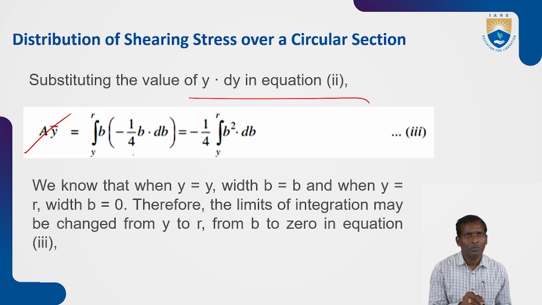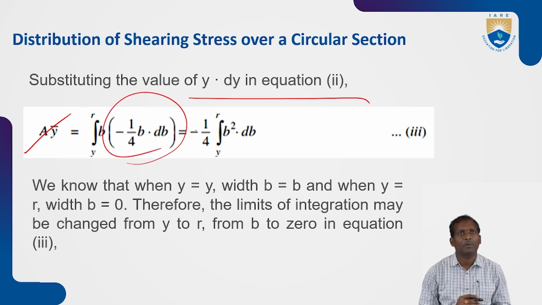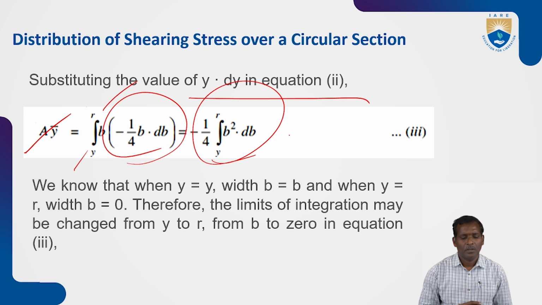Integral of b into y into dy is minus 1 by 4 into b into db, with lower limit y to upper limit r. So minus 1 by 4 into integral from y to r of b square into db.